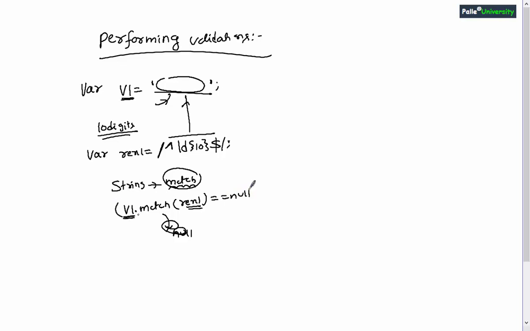Obviously I can write the condition like this: if v1.match(rex1) == null, then only the execution will come into the if condition body, right? Or in simple words, in case the v1 variable's content does not match the regular expression content, then the execution will come into the if condition body.